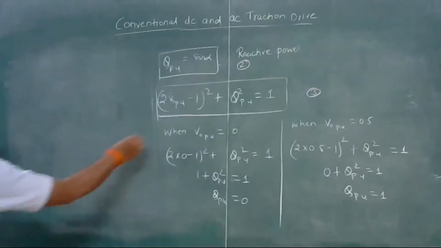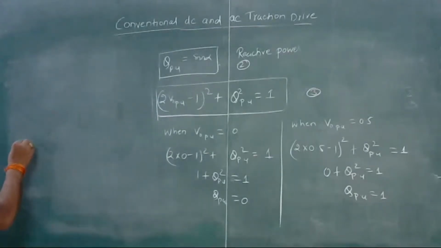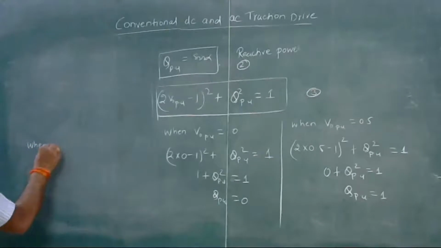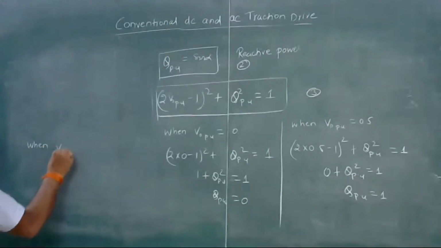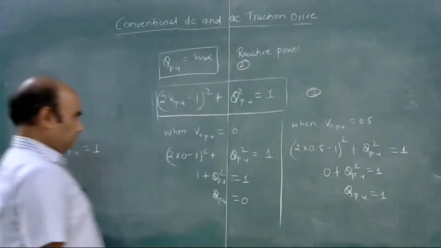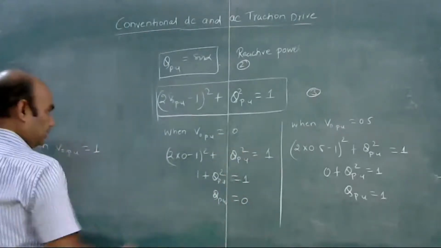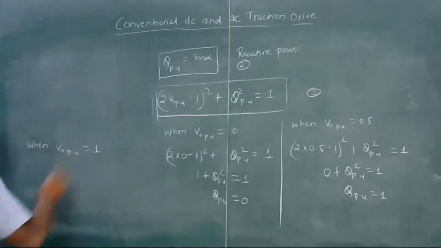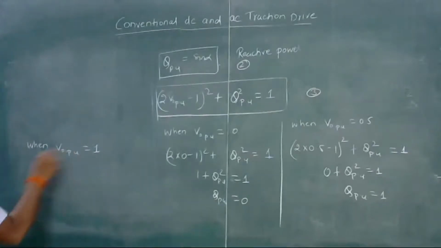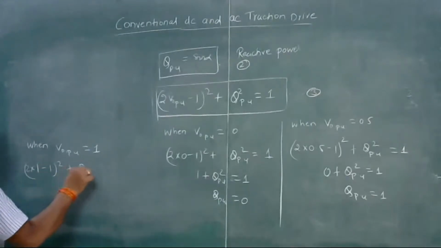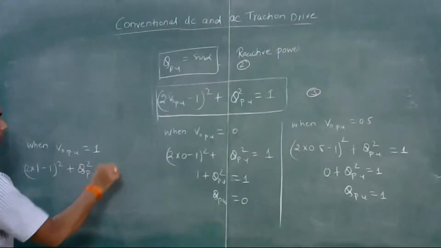And we take another condition when V per unit is equal to 1. Okay, so V per unit can range from 0 to 1. So (2 into 1 minus 1) whole square plus Q per unit whole square is equal to 1.